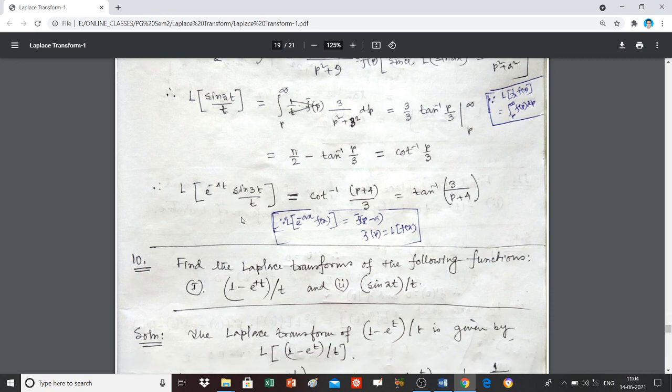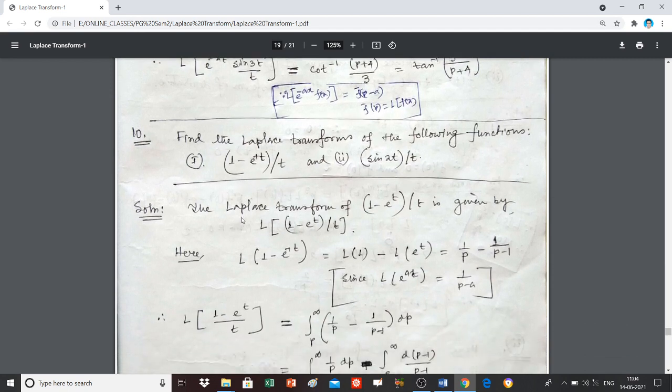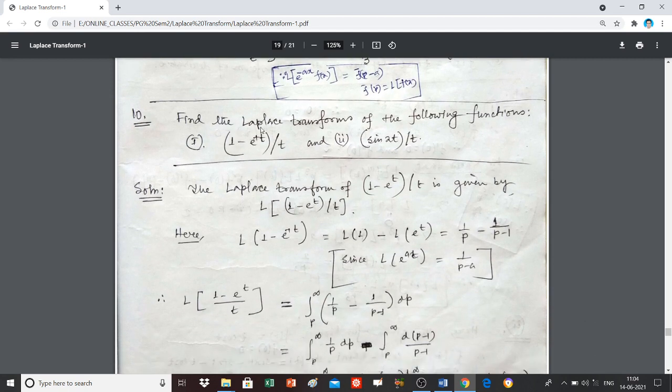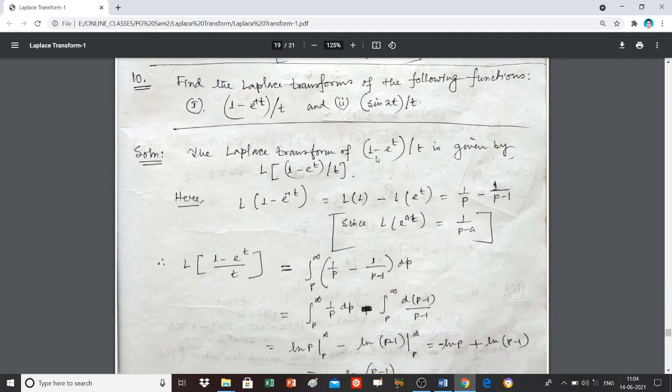Okay. Next, find the Laplace transforms of the following functions. Number one is (1 minus e to the power t) by t, and number two is sine 2t by t. For the first one, we are to compute the Laplace transform of (1 minus e to the power t) by t.